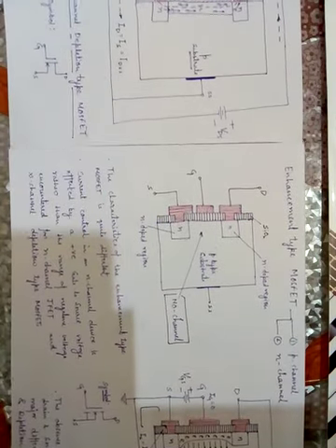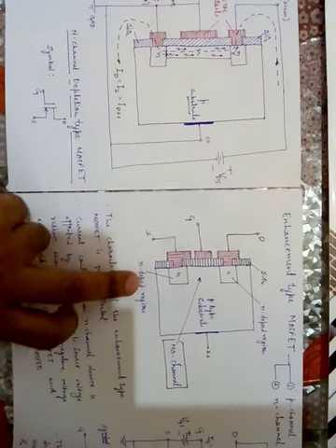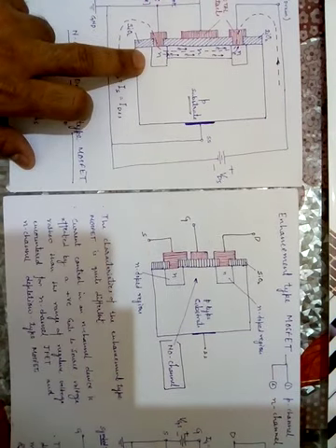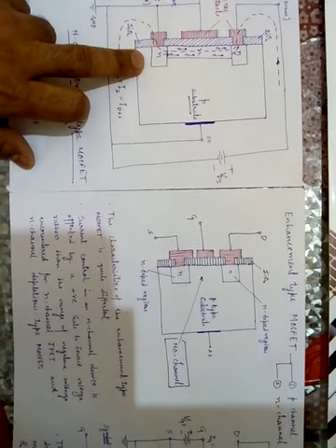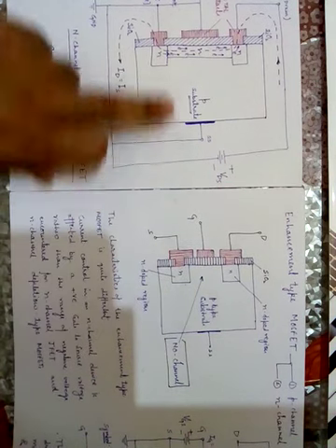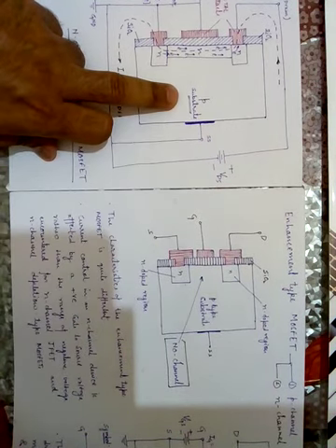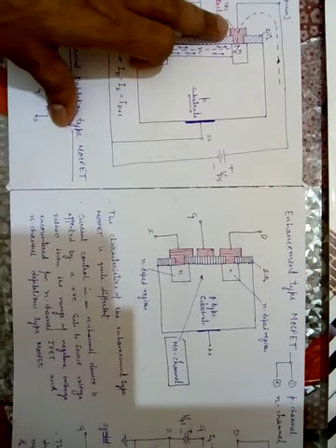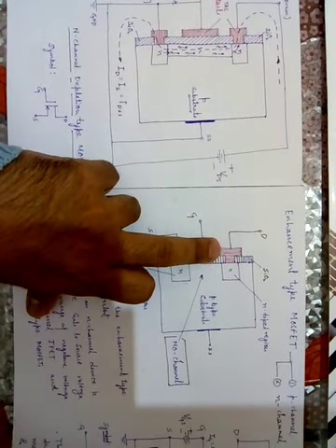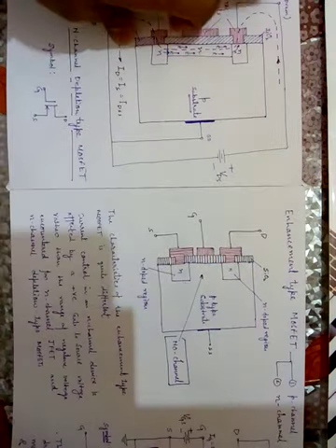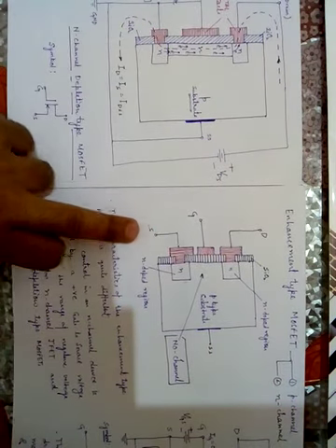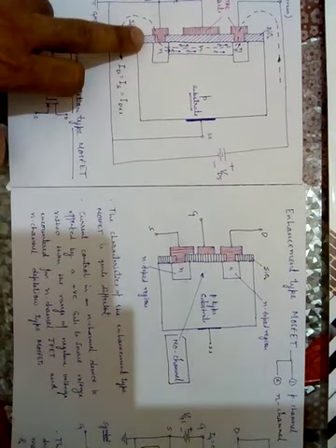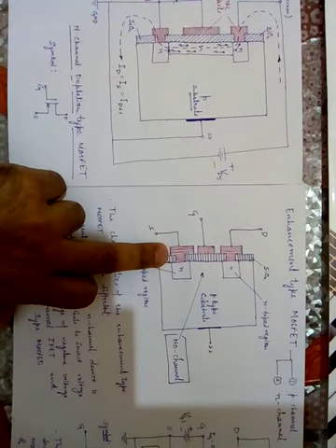See here, this is an enhancement and this is a depletion type. You can see here, this is a P substrate, and here is also a P substrate. The silicon dioxide layer is here, as well as a metallic contact. Here is also a metallic contact. Drain is here, gate, source, and this metallic contact. What is missing?